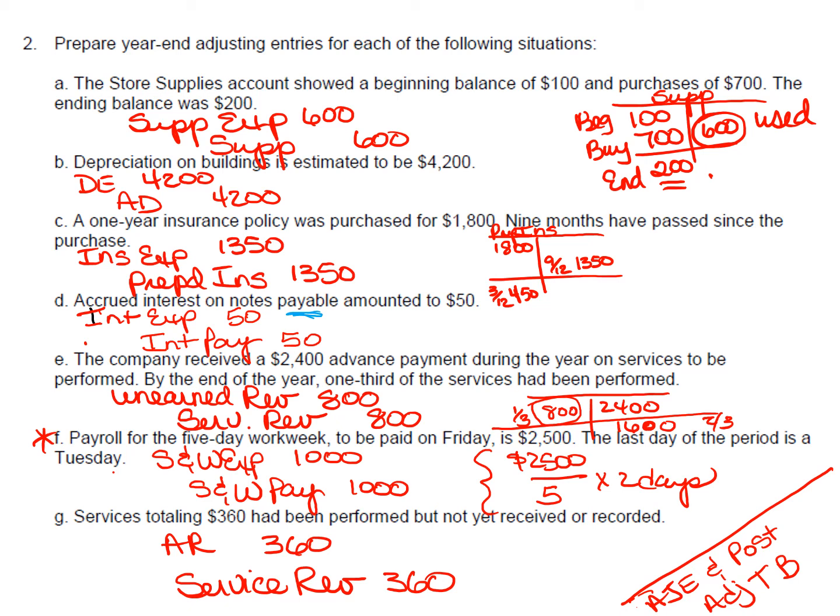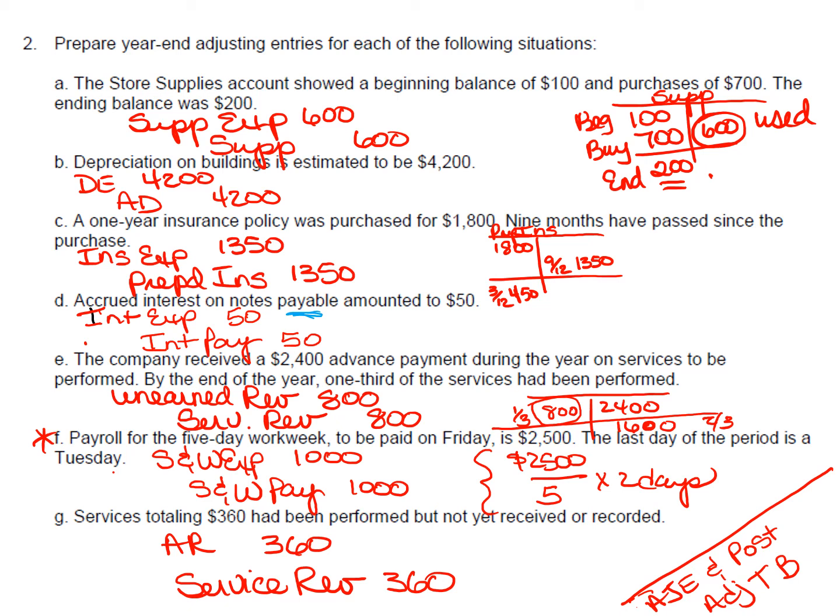Here's a new one. Payroll for a 5-day work week to be paid on Friday is $2,500. In other words, 2,500 divided by 5 days gives you the payroll per day, or $500. The last day of the period is Tuesday, so you've used your workers on Monday and Tuesday, even though you won't pay them till Friday.